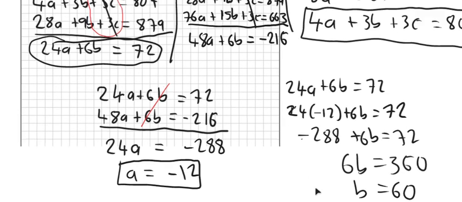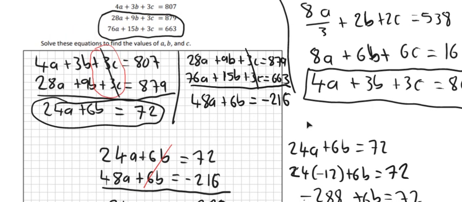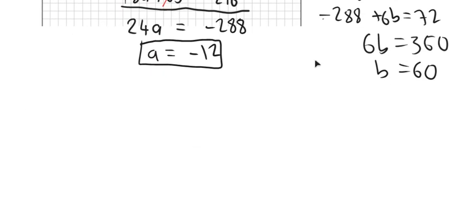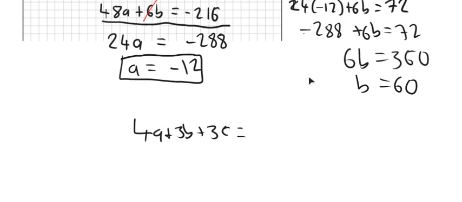So we've got two of them, and now let's just go back up here and get one of the original equations. So 4a plus 3b plus 3c equals 807.